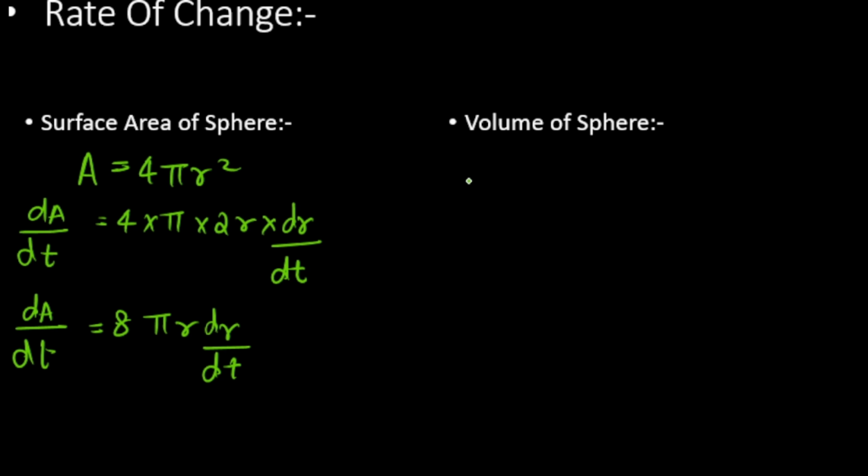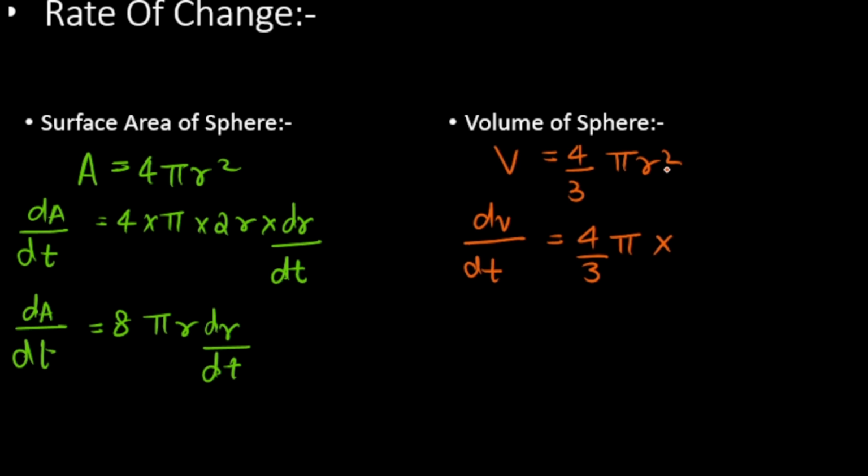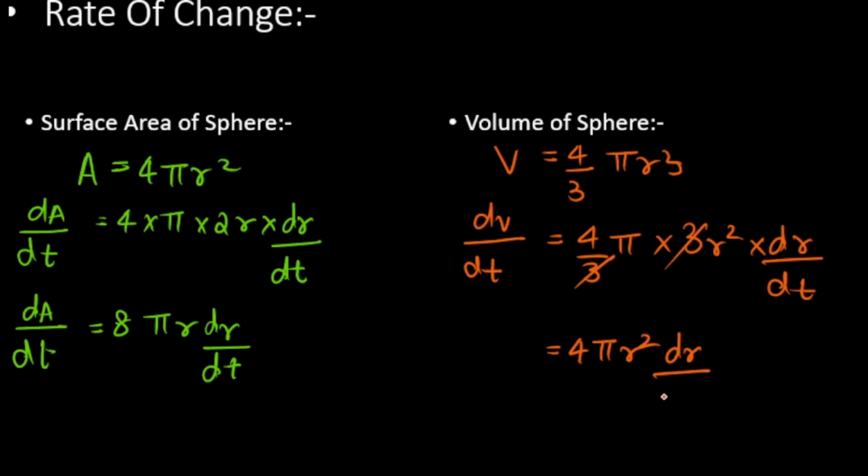If we have volume of a sphere, v is equal to 4/3 pi r cube. dv by dt with respect to time, every time we differentiate. 4 by 3 is constant, pi is also constant, and since it is cube, here 3 r square into dr by dt. So here 3 gets cancelled, and we get 4 pi r square dr by dt as the derivative of the volume of a sphere.